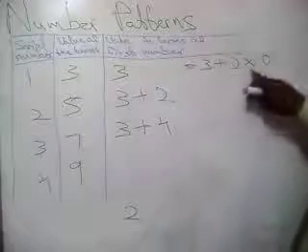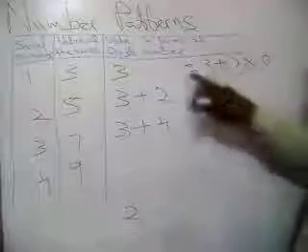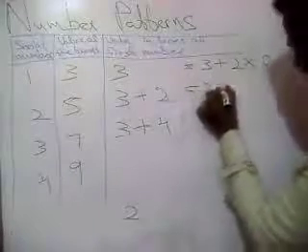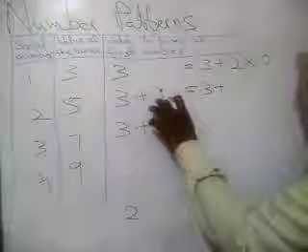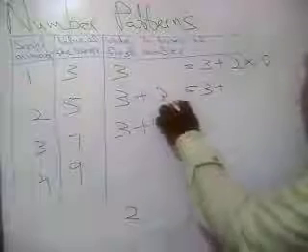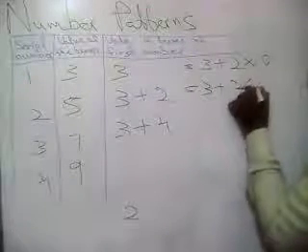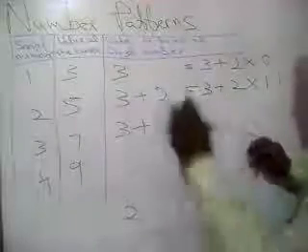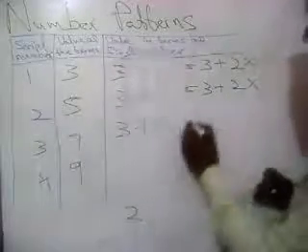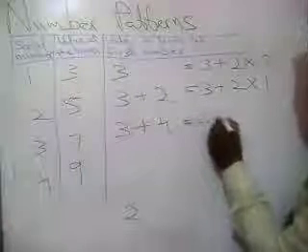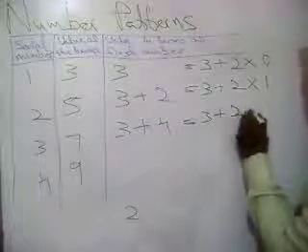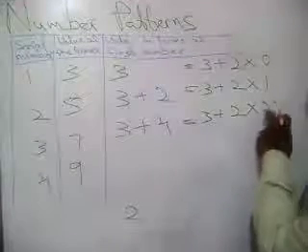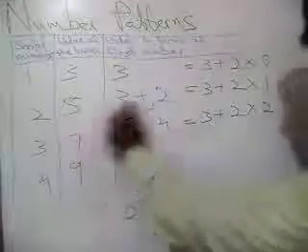So 2 into 0 is 0, 0 plus 3 is 3. Here you have the first term. How did we get this 5? 2 into 1 is 2, 2 plus 3 is 5. Here it is 3 plus 2 into 2. 2 into 2 is 4, 4 plus 3 is 7.